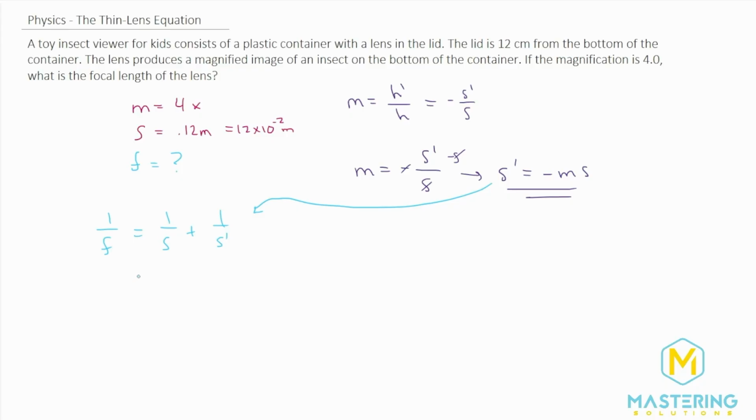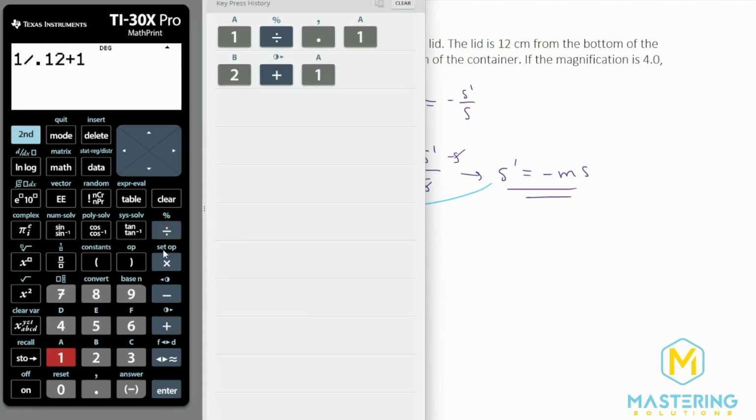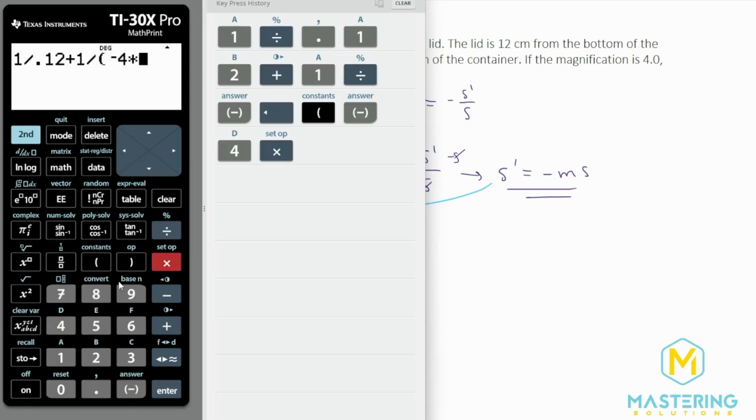So 1 over f is going to be 1 over the object distance, which we said was 0.12 meters. And now we're going to add to that 1 over s prime, but we're going to plug in negative m times s. So we have negative m, which we said was 4, times the object distance, which is 0.12 meters. So we have 1 divided by 0.12 plus 1 divided by negative, let's put some parentheses here, negative 4 times 0.12.